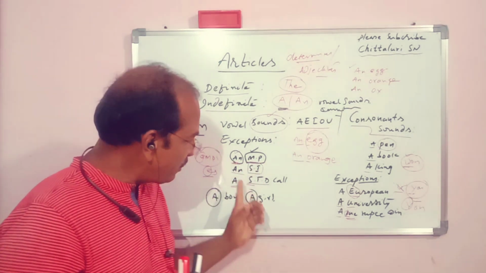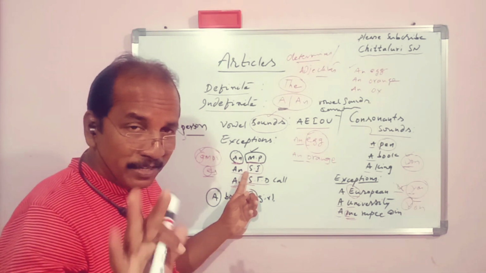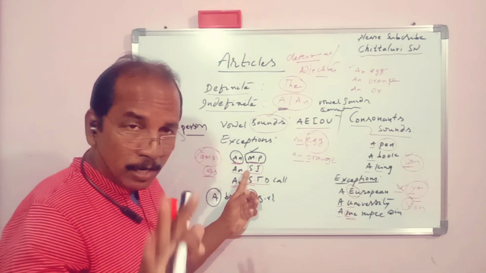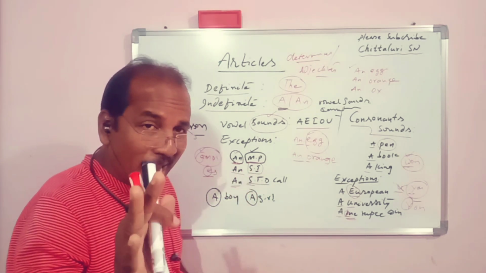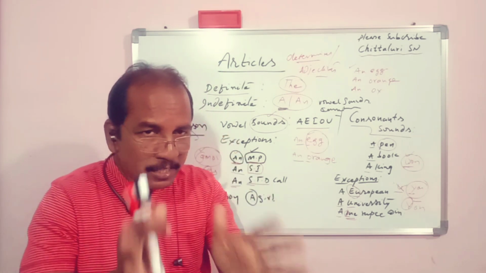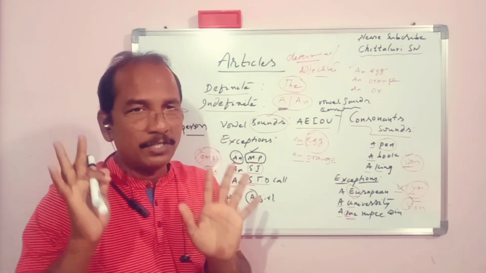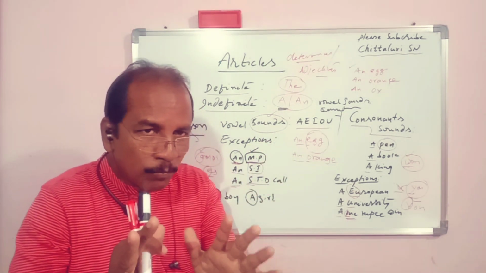Is it clear, friends? SI, in this word, S is a consonant, but it does not have the sound of a consonant here, it has the sound of a vowel. That's why you should use an here. An is used before the vowel sounds of words, and A is used before the consonant sounds of words.